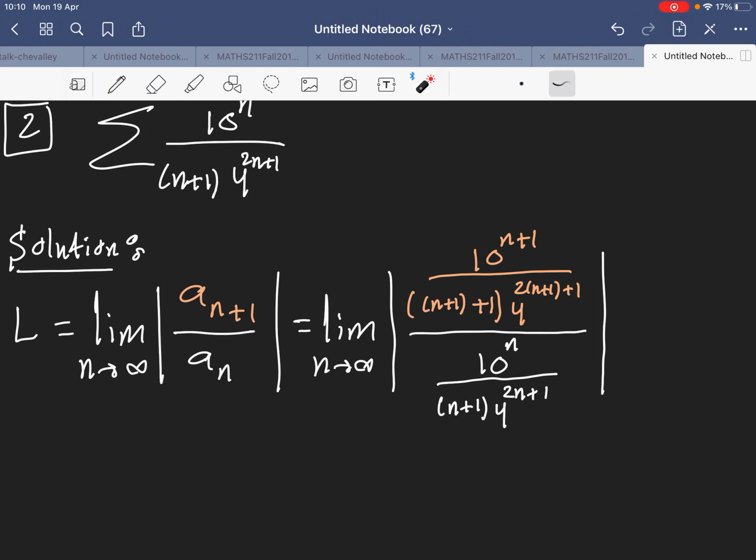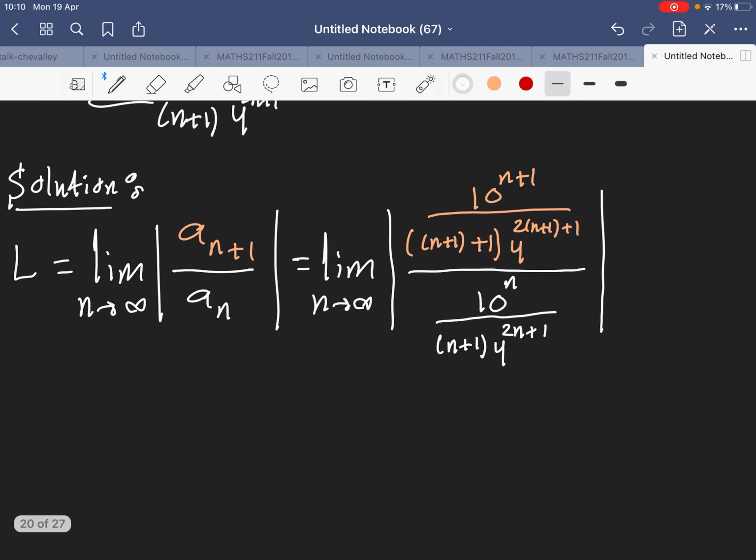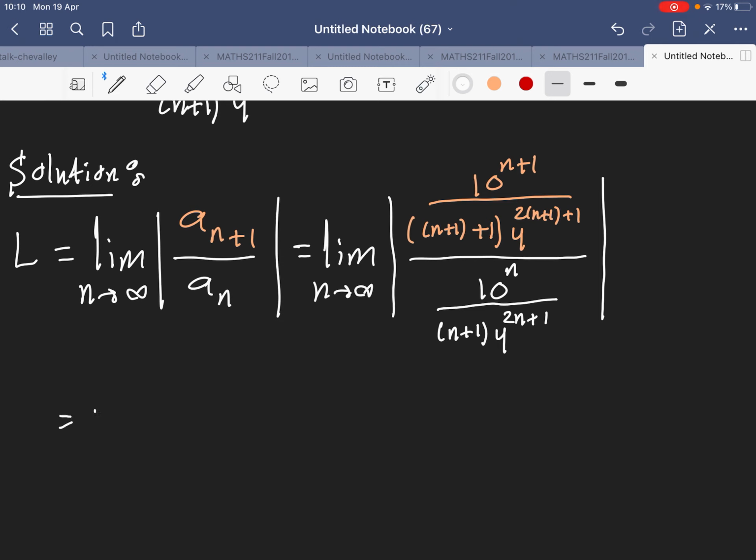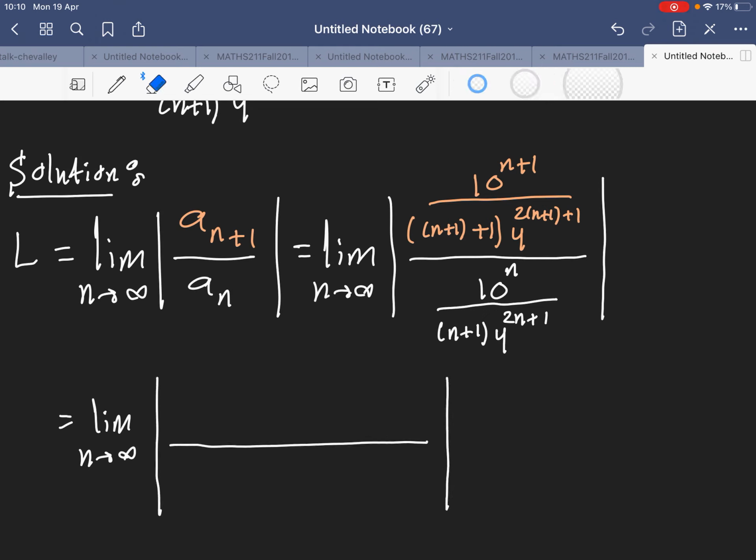Now again we have a stack of 4. 1, 2, 3, 4. So we just need to do what is necessary for it. Of course, now I don't need the absolute value because everything is positive, so I'll just remove it.